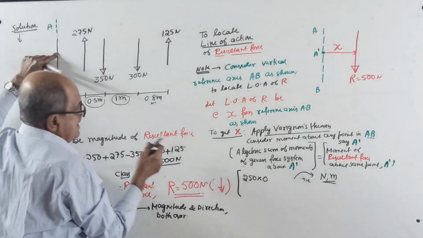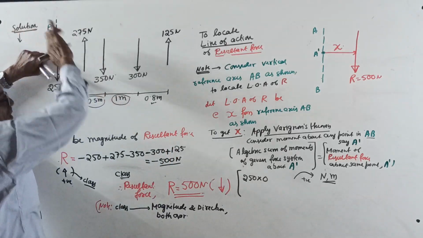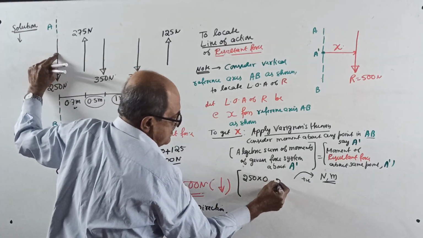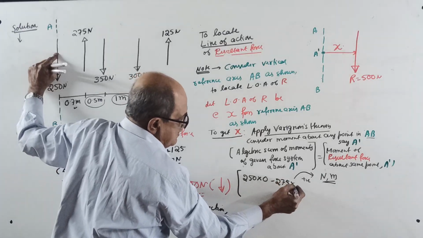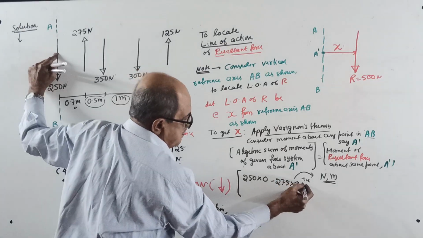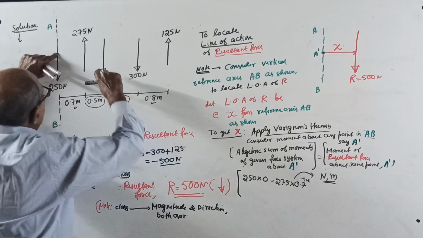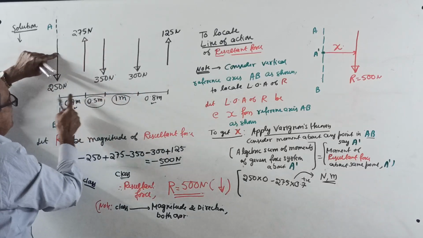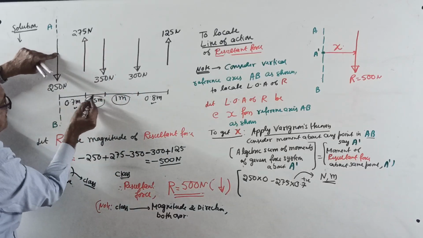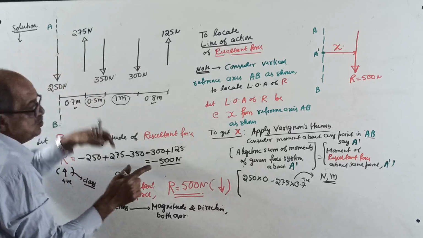Minus 275 into 0.7, it is anti-clockwise. Plus 350 into 0.7 plus 0.5, which is 1.2.